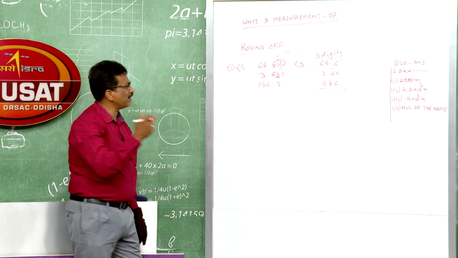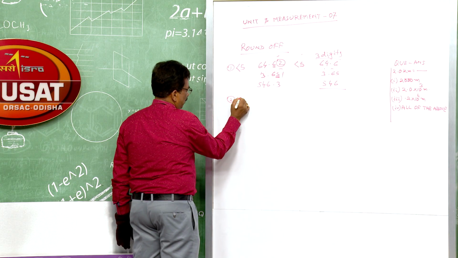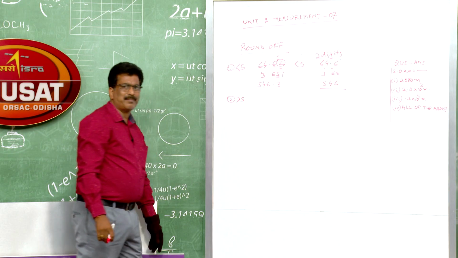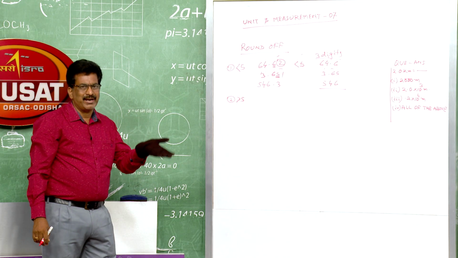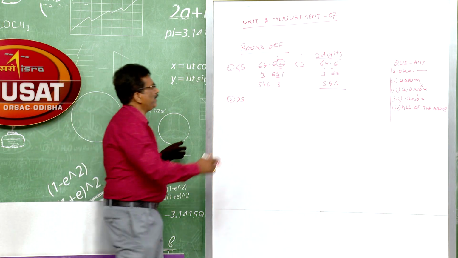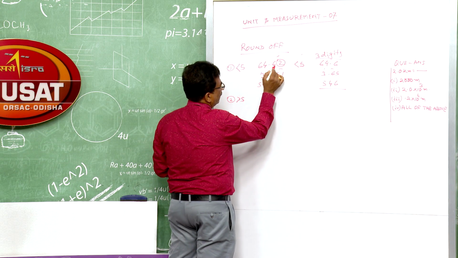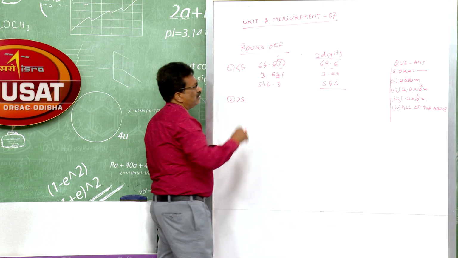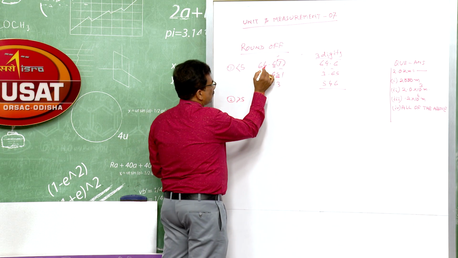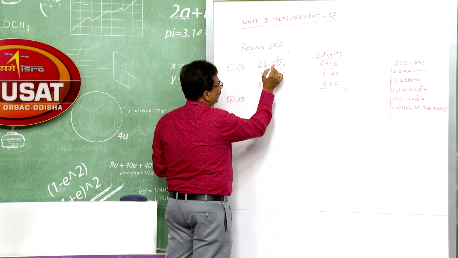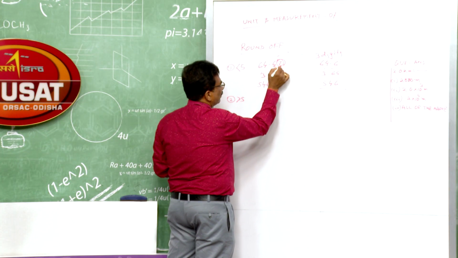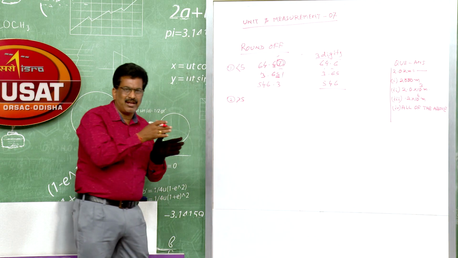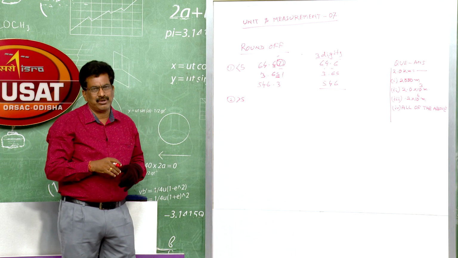If it is greater than 5, what will happen? For the preceding one, you have to add 1. Suppose 64.67, the third decimal place is the 7, so the 7 is rounded up, meaning the earlier one is to be added with 1.